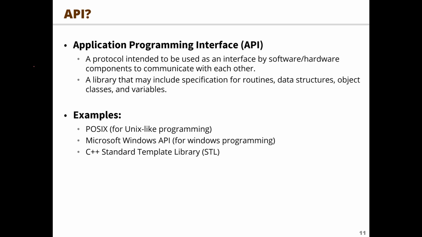Another example is the Microsoft Windows API. To manipulate platform-dependent things, we need an API to control many low-level things. That is provided by the Windows API, and that is only for Windows programming. And also the C++ Standard Template Library, STL, is a famous example, and that is also a sort of API.